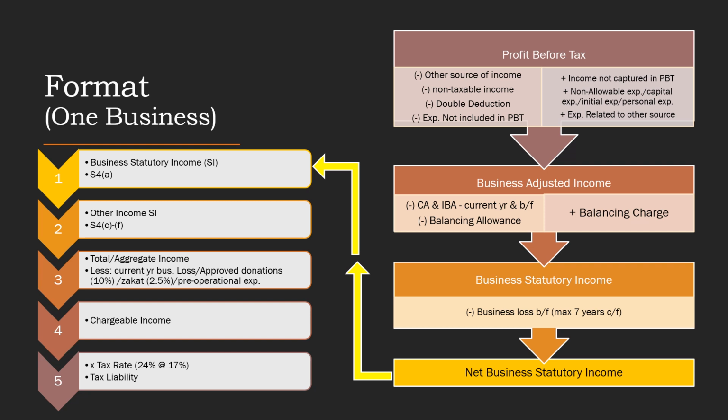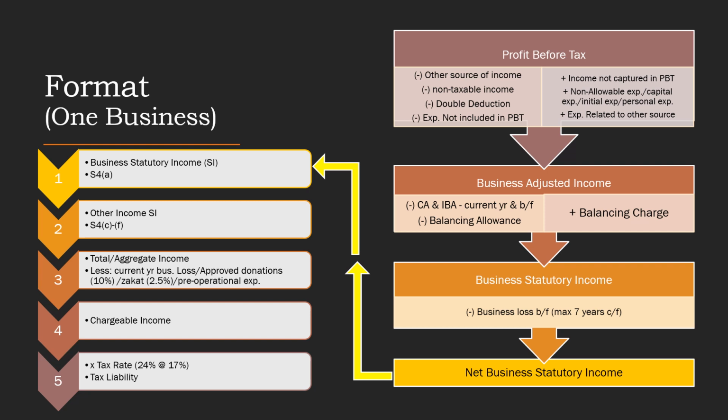We also have allowable expenses, expenses that we may be allowed in taxation, as well as non-allowable expenses in taxation such as depreciation and expenses private, domestic, and so on. Therefore, we need to adjust those: from the profit before tax, we will minus other sources of income, which means that now our target is only business, section 4(a).